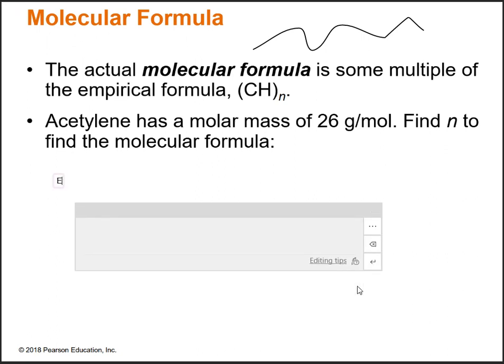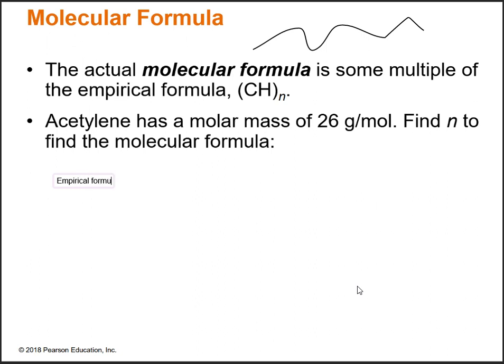From last time we said that our empirical formula was CH for acetylene. We're trying to figure out the molecular formula, which is going to tell us exactly how many carbons and how many hydrogens.